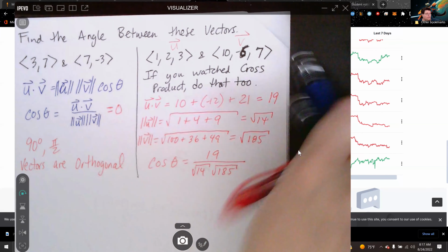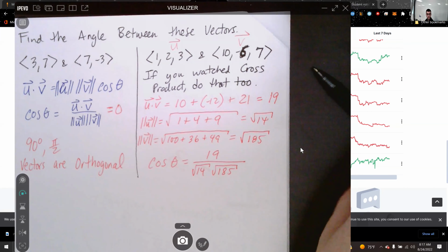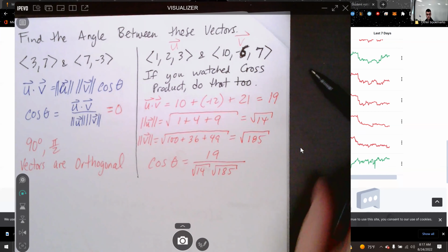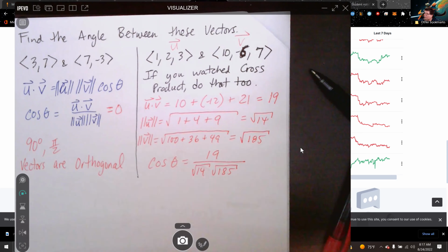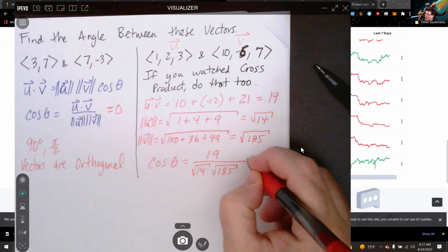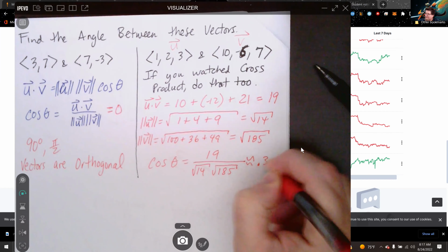This becomes calculator work. So I'm getting cosine theta equals approximately 0.37, but I'm not going to use 0.37.